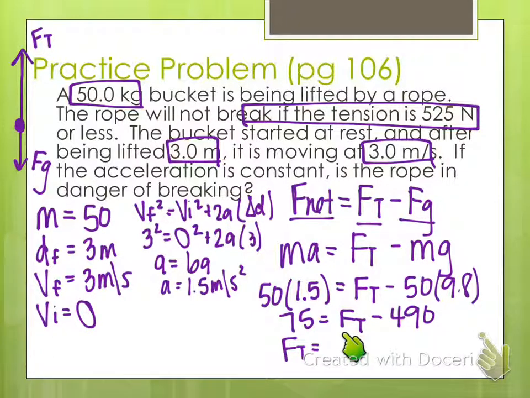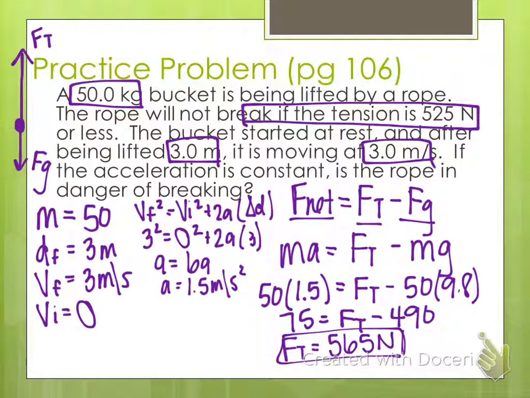How do I get F sub t by itself here? We're going to add that 490 over to the 75.